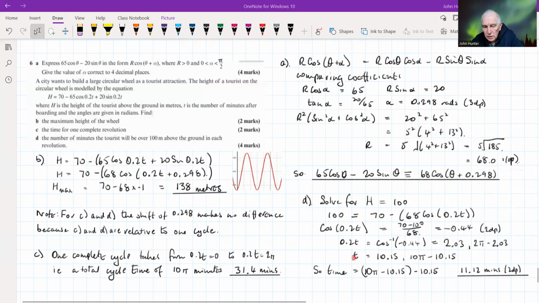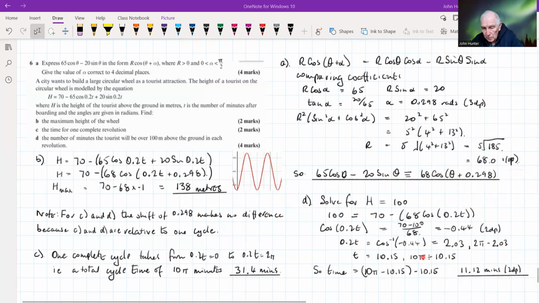Right, so 0.2t is these things. If we multiply by 5, we're going to get 10.15 corresponding to this solution, and 10 pi minus 10.15 corresponding to that solution. So the time would be the difference between these two.